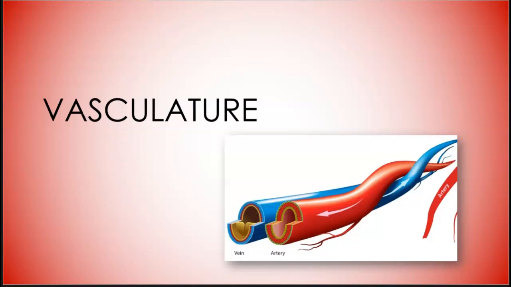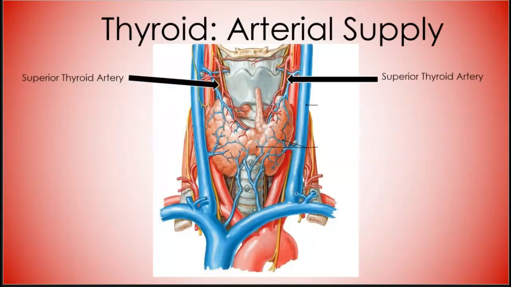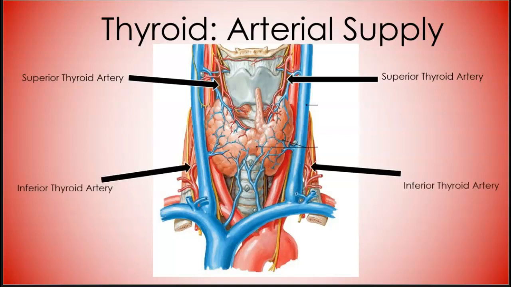Blood's going to be supplied to the thyroid via 4 arteries. The first 2 are going to be the left and right superior thyroid arteries, and the second 2 are going to be left and right inferior thyroid arteries. Easy enough, right? So the superior thyroid arteries are going to arise from the ECAs, the external carotid arteries, and descend down to the superior poles of the thyroid lobes.